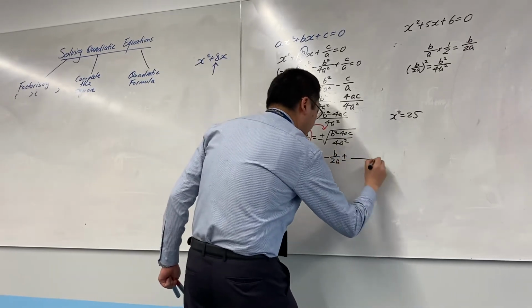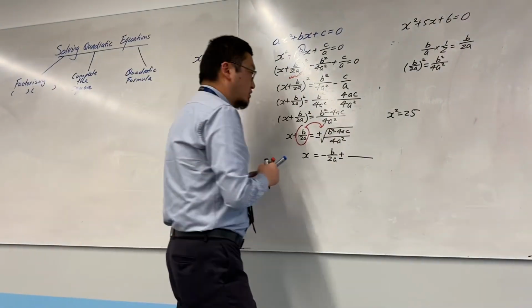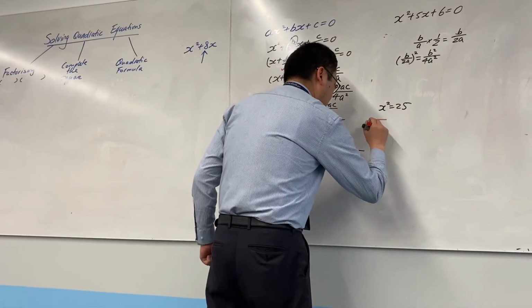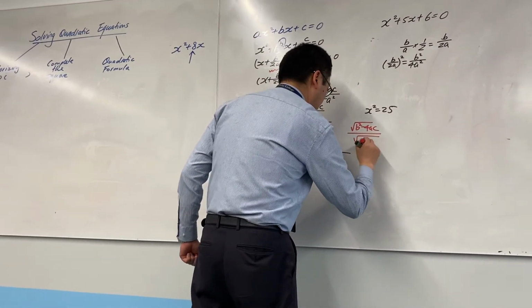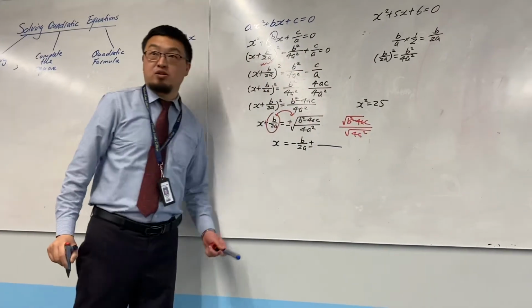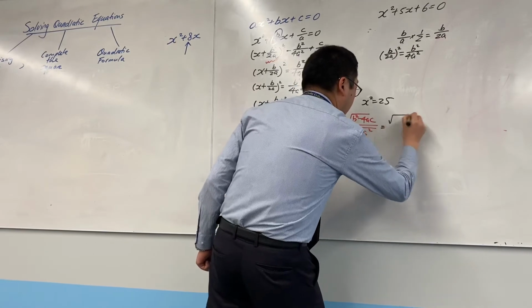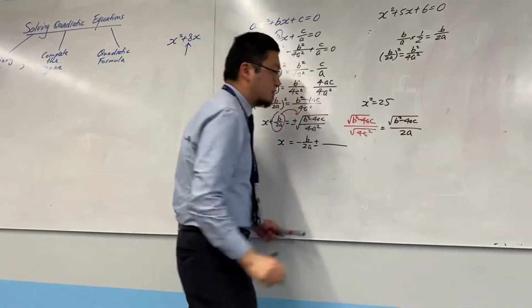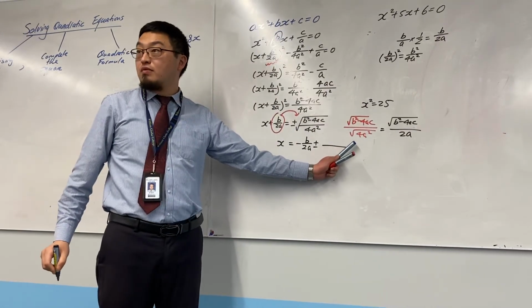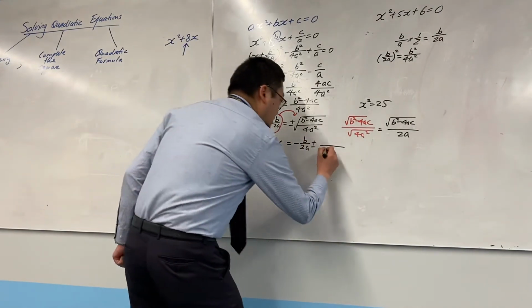Plus minus. Now this thing, we know we can separate the top and the bottom. On the top, I can't do much, I just write it down. On the bottom, it's just 2a. This simplifies to just 2a. Is that okay? So 2a.